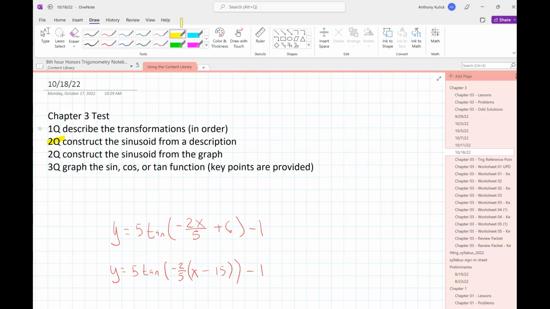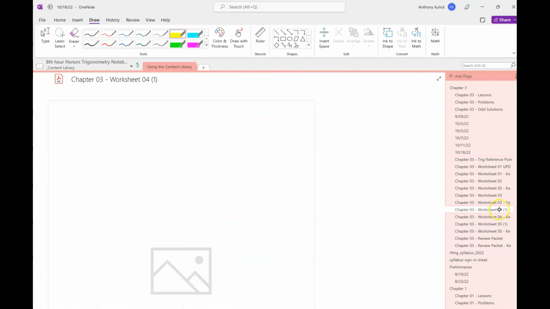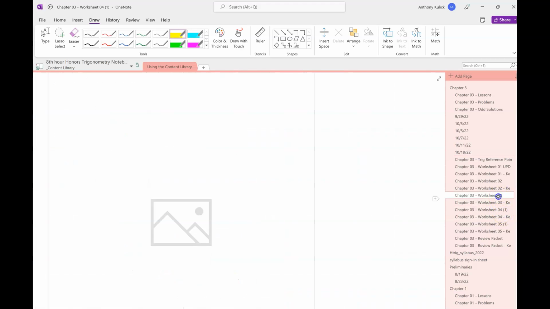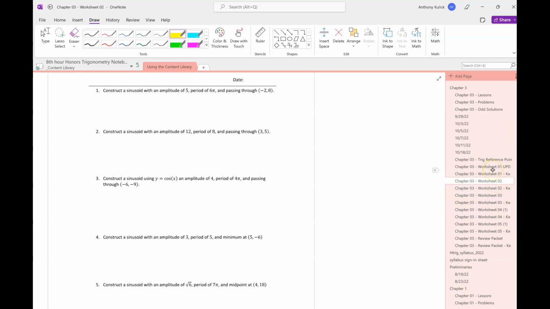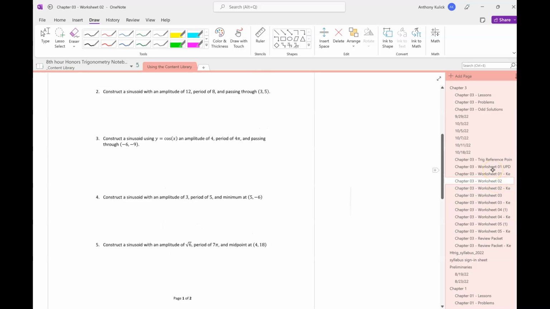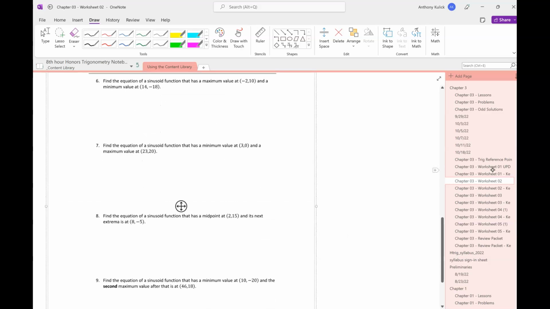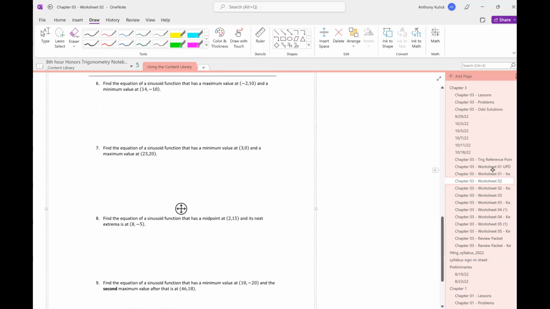For the construct a sinusoid from a description problem, what I'd suggest looking at are definitely things like 8 and 9, where you're not given things that are necessarily evenly spaced, where finding the period might get a little tricky if you're not drawing the picture effectively.